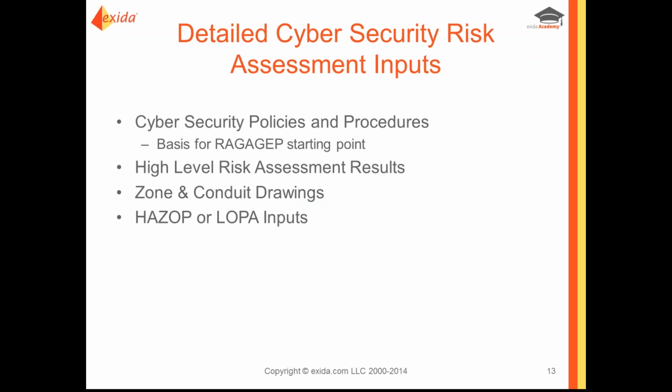So 62443 does a great job of identifying good engineering procedures that are needed to achieve these goals. You need to have that high-level risk assessment results, your zone and conduit drawings, and any HAZOP or LOPA inputs that may have been previously executed.